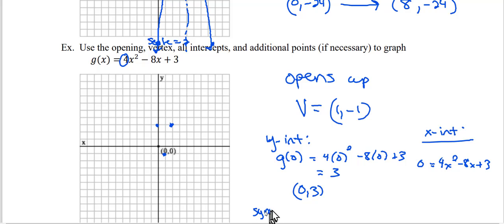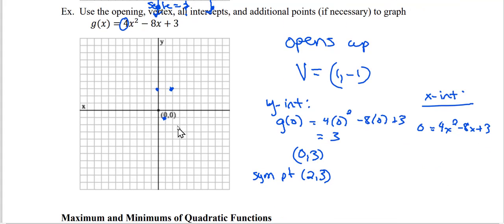That symmetric point is going to be, because my vertex was at 1, I'm going to go over to 2, 3, the same distance along the x, same y value. These x-intercepts are going to be somewhere between 0 and 1 and somewhere between 1 and 2 for this graph to actually work, right? Like we got to hit the x-axis. It's pretty narrow because that 4 is a stretch that makes it really narrow.